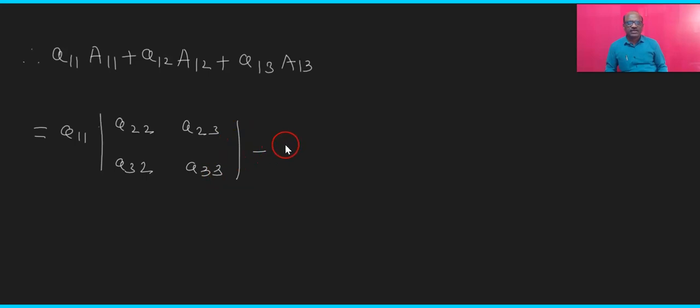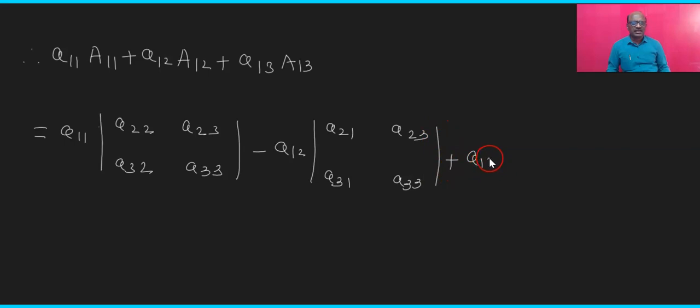Next is minus a12, then here you will get a21, a23, a31, a33, and the last is a13.